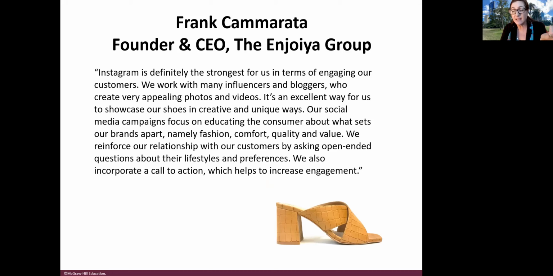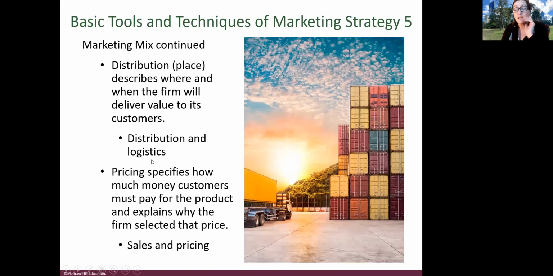And so that is their digital marketing strategy. All of their social media is, of course, using visual content to achieve this consumer education campaign and therefore increase engagement.